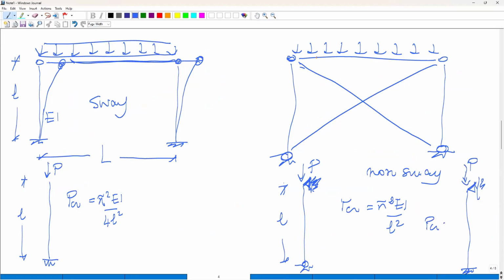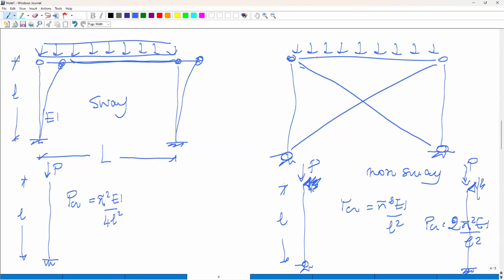Your P critical has become 2 pi square EJ over L square. You have doubled it. Because a beam with more restraints is stiffer. A stiffer beam has a higher critical load.